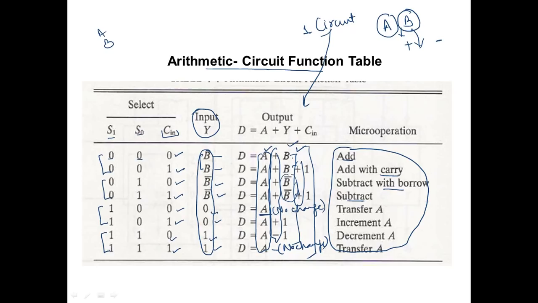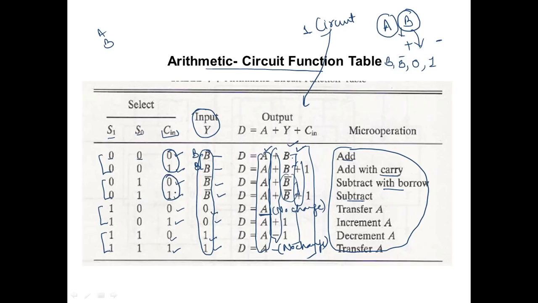So what I may be looking for in the case of B is simply B or B's complement, or I don't need B at all. I need simply 0 as an input, or I can have only 1 as an input. So for these values of C in being 0 and 1, let's take B as an input here.